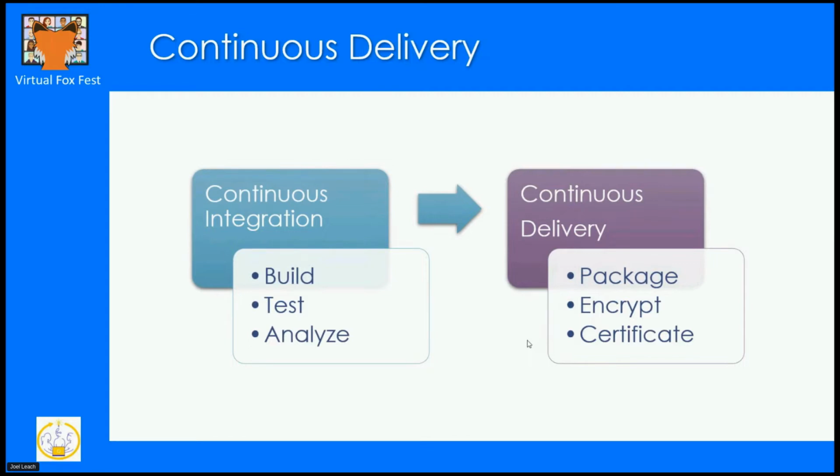So this is where you would use NSIS setup or some other packaging technology, or maybe just XCopy or a zip file would meet your needs. This might also be a stage where you run tools like Refox to encrypt your code, or embed a signed certificate into your executable. And I know some folks have been having fun with that on Twitter.